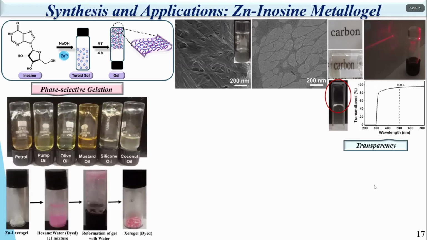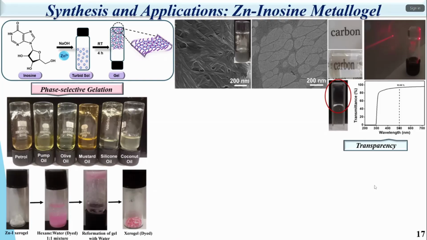Now, these are used for phase selective gelation. Phase selective gelation is basically the ability of a gelator, when we convert this gel into xerogel, this dry gel, to selectively gel one of the solvents in a mixture of two or more solvents.